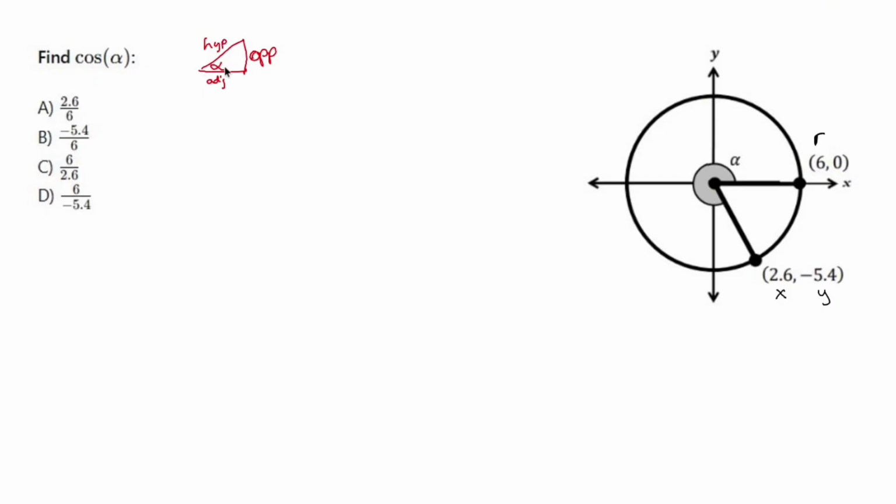CA stands for adjacent over hypotenuse, so cosine is the adjacent side over the hypotenuse. Comparing these to things on a coordinate plane, the adjacent side would be the x value, and the hypotenuse would be the r value. So cosine of alpha is going to be the adjacent side x over the hypotenuse r.